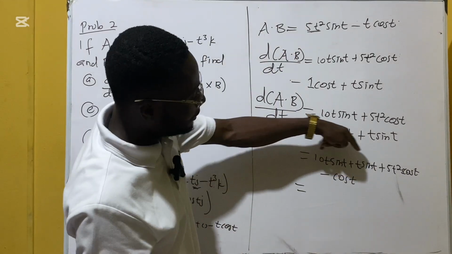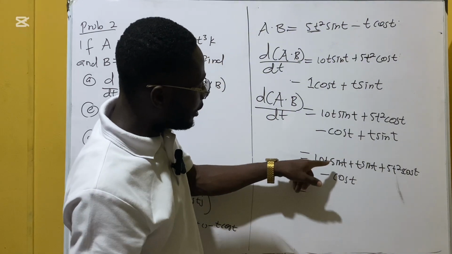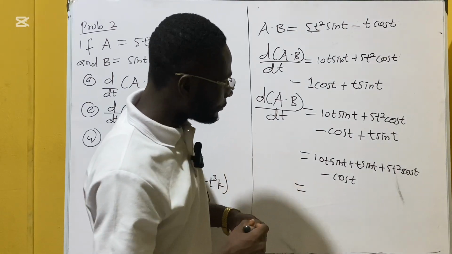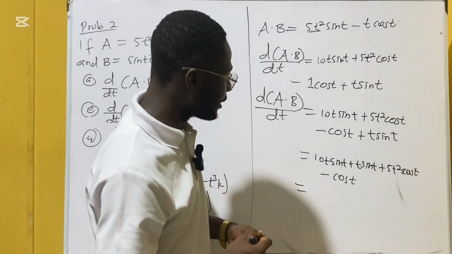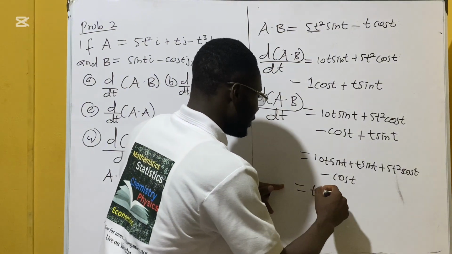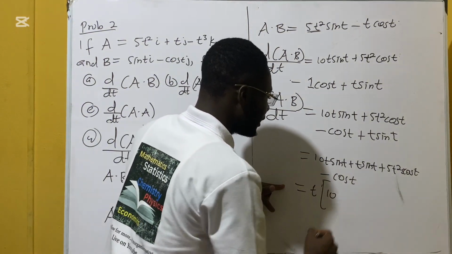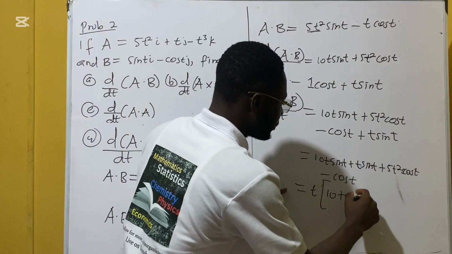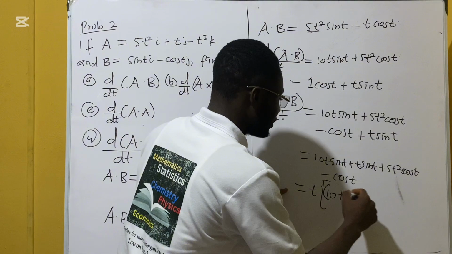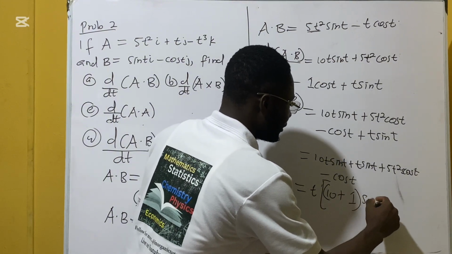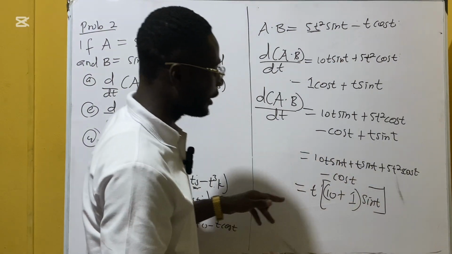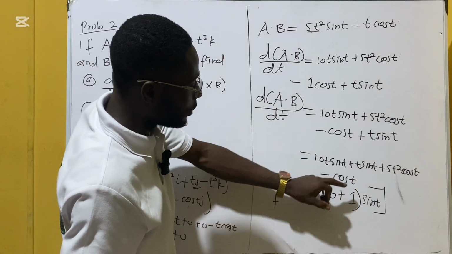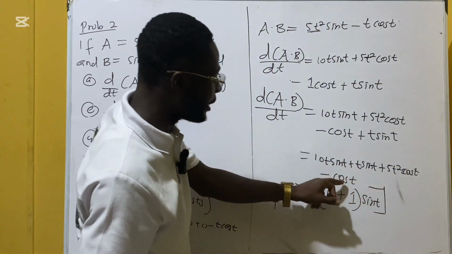So the sine terms, when we factor, have t in common and sine t in common. So we factor the t out, and we're going to have into 10 plus 1, multiplied by sine t, plus the cos aspect, which is 5t squared cos t minus cos t.